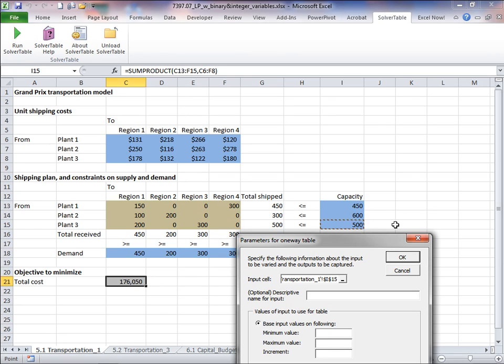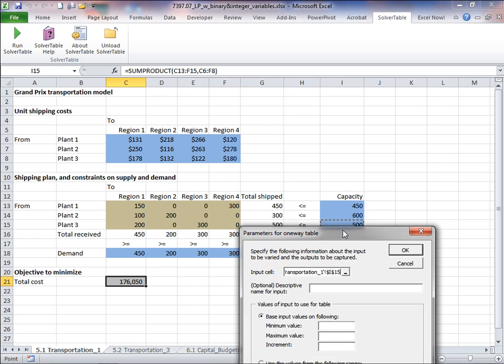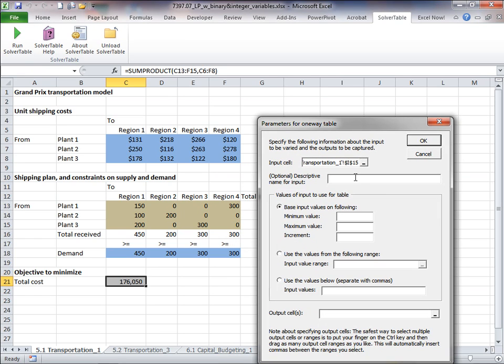All right. So free capacity. And I'm going to start at 500 because that's my current value. And I'm just going to go up to 600 in increments of 10. So I'm just going to look at 10 additional units of capacity each time.